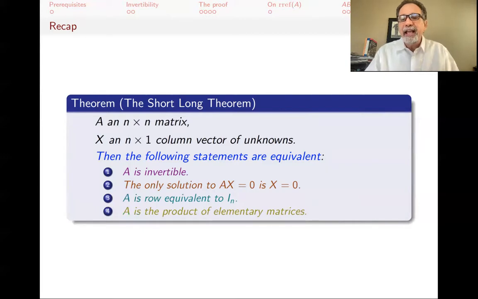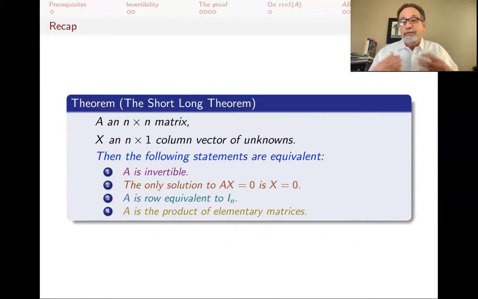And finally, A is a product of elementary matrices. Now, the last one is also interesting, because in the lecture on elementary matrices, we said that elementary matrices are invertible. And we also know products of elementary matrices are invertible. What we just proved is that all invertible matrices are products of elementary matrices.